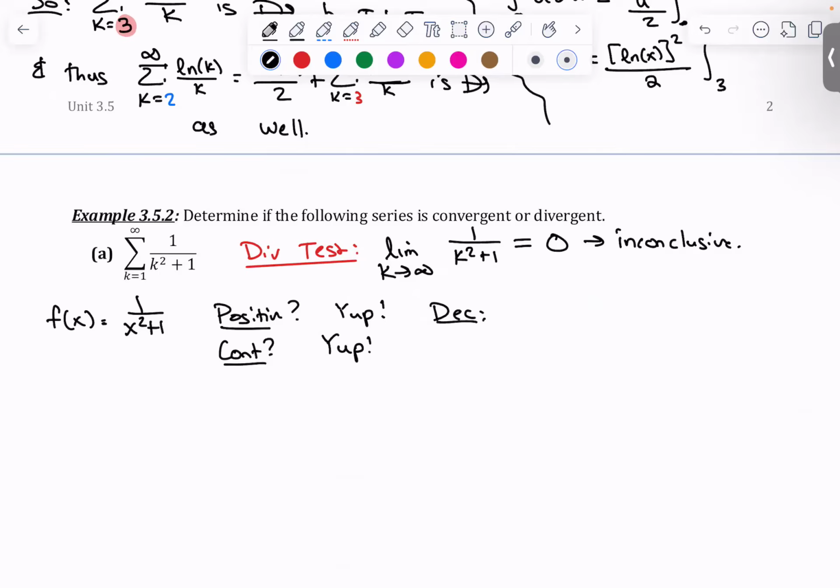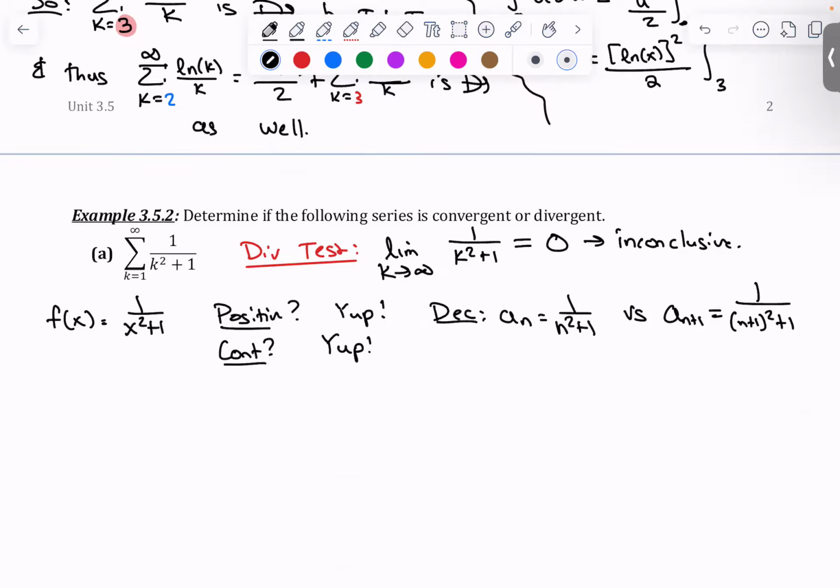Decreasing. Let's look at a sub n, which is 1 over n squared plus 1, versus a sub n plus 1, which is 1 over n plus 1 squared plus 1. Is a sub n plus 1 smaller? Let's reason through it together.